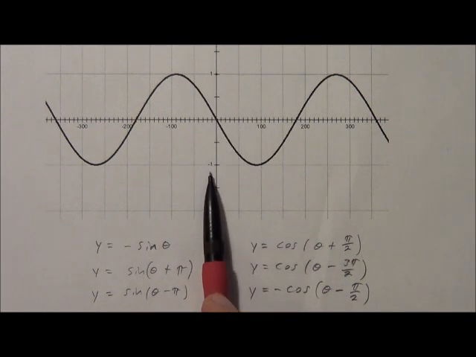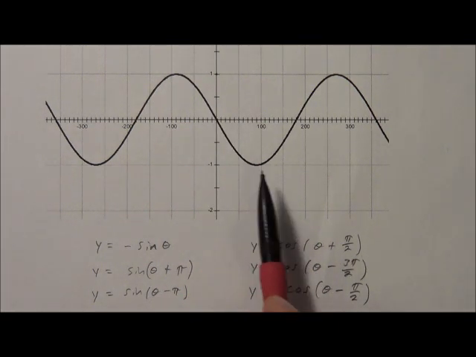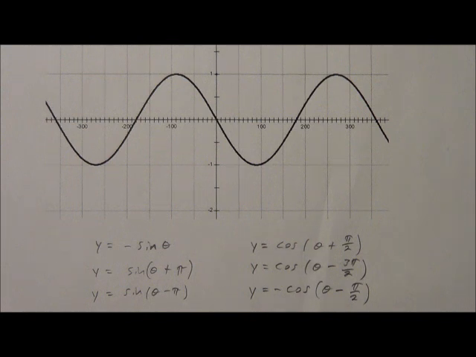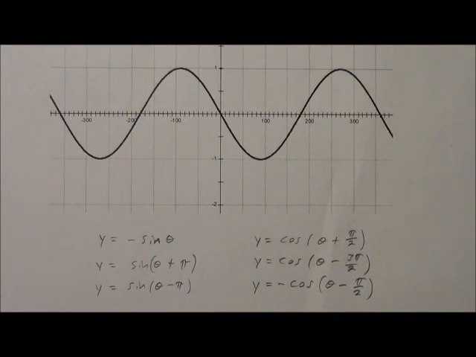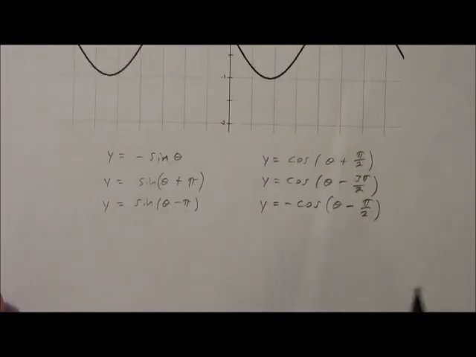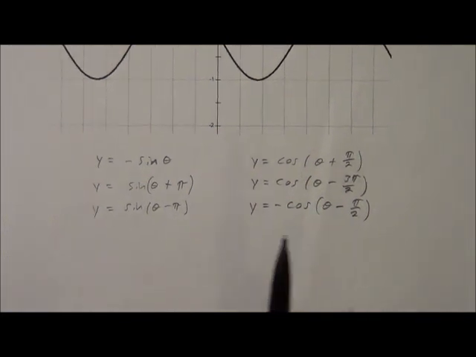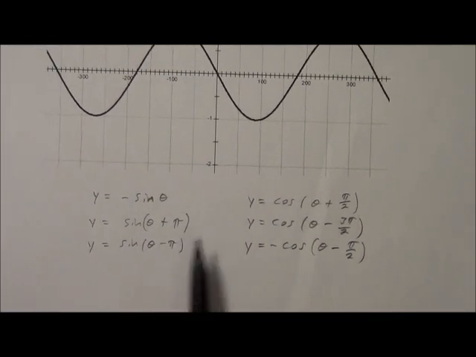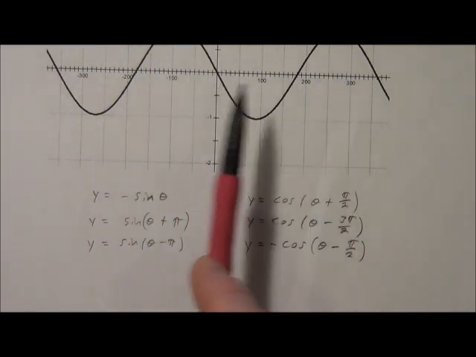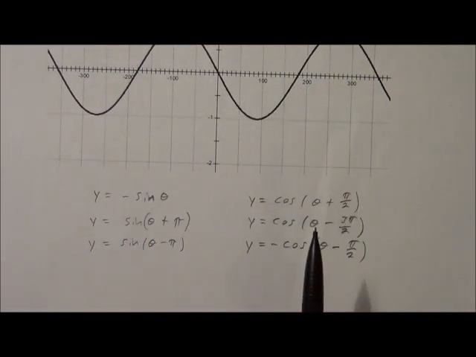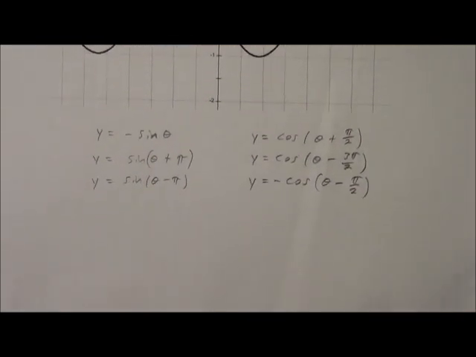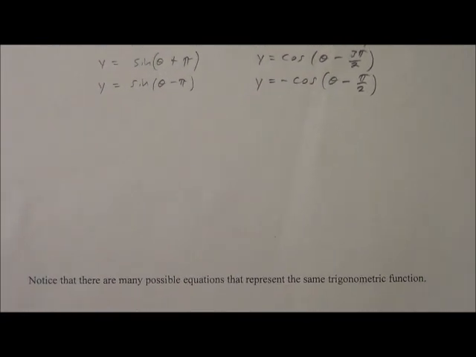So it's been reflected and then shifted to the right by pi by 2. Okay, so some of you may have had some of these, some of you would have had perhaps equations that were different than these. As long as the phase shifts and the reflections work out the same, then there's no problem whatsoever. Okay, so there are of course many different possible equations that represent the same trigonometric function.